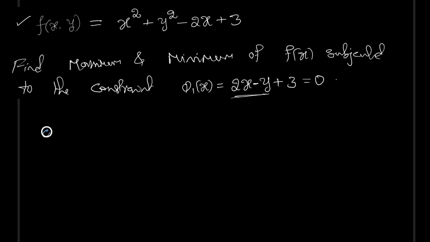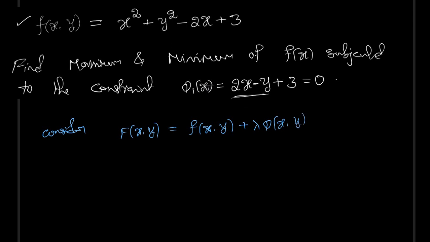Okay, so now let us consider capital F of x comma y. You may call this a Lagrange's function. So that is small f of x comma y plus lambda into phi of x comma y. I must write x comma y here, it is not just phi 1 of x.